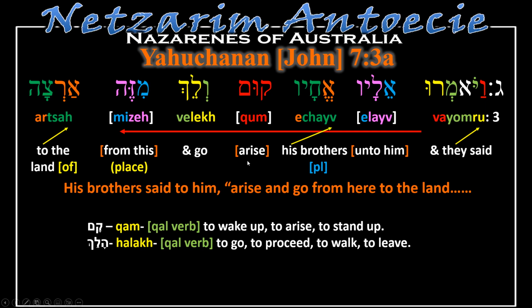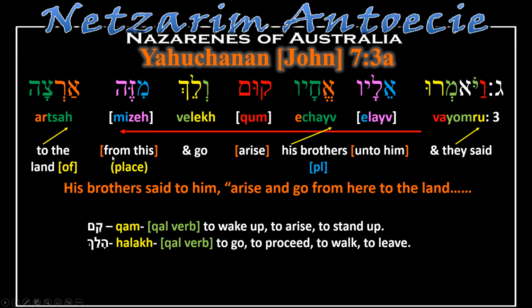Kum, rise. Now we get kum down there as a kal verb. It means to wake up, to arise, to stand up. So we got kum in this form, and it means arise as well. Ve-lech, and go. Of course, that root is halak, meaning to go, to proceed, to walk, to leave. So, and go.